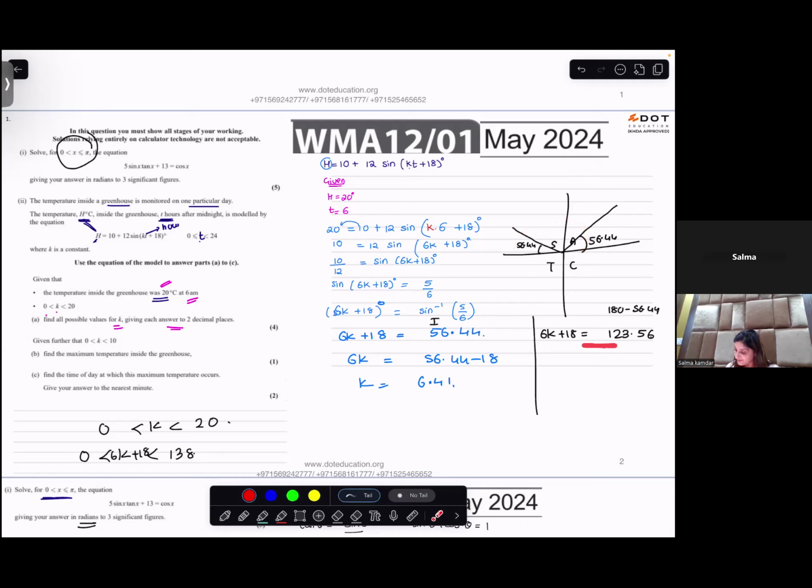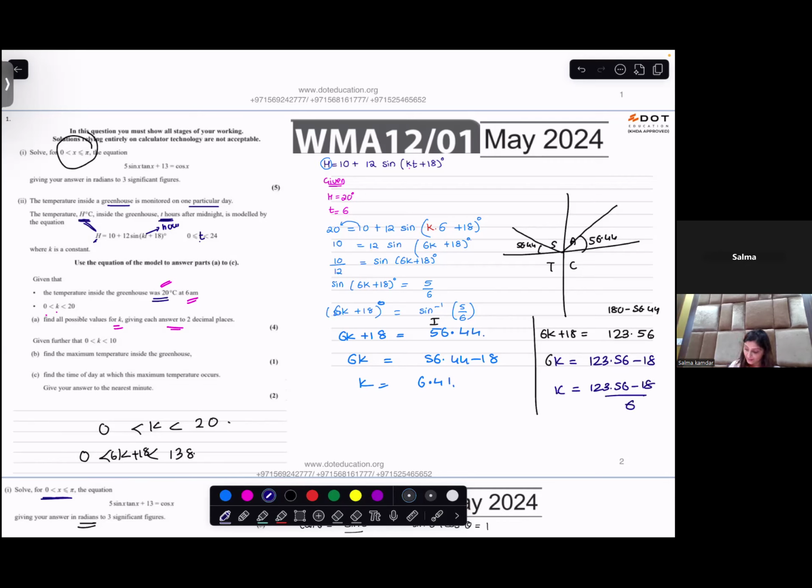Now, if I'm seeing my other value, it is going to be 123.56. That is 180 minus 56.44, which is well falling within this range. Okay. So once I find my two values, I will find my k. So over here for the second value, I have 6k is equal to 123.56 minus 18 and k would be (123.56 minus 18) divided by 6.